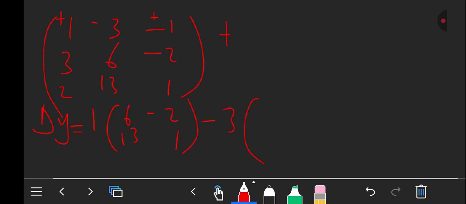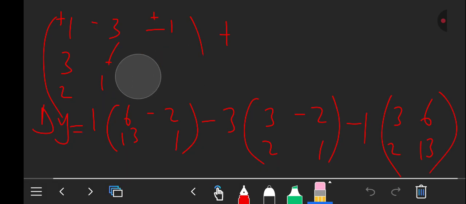So it will be -3, we overshadow that, and where -3 is. Okay, so it will be 3, 2, -2 and 1. Then we come to -1, we'll have 3, 6, 2, and 13. Then you can find the determinant for y.